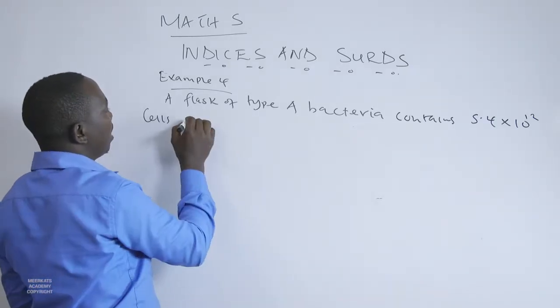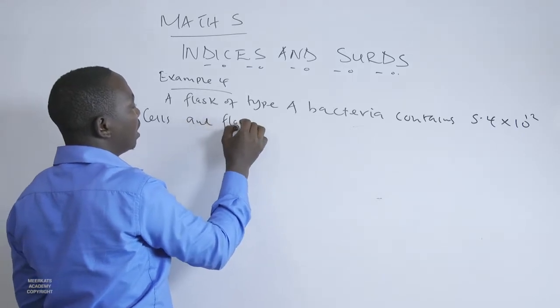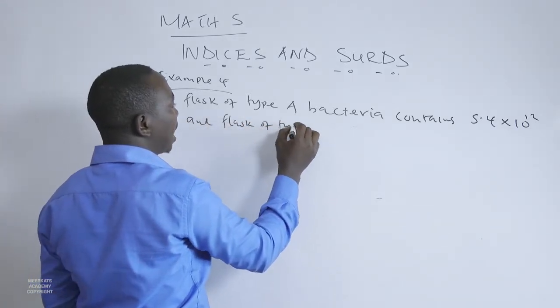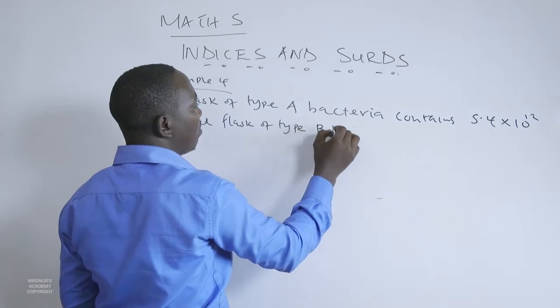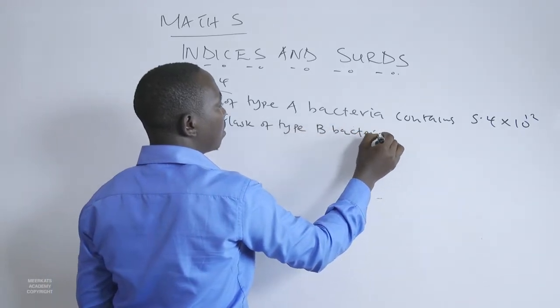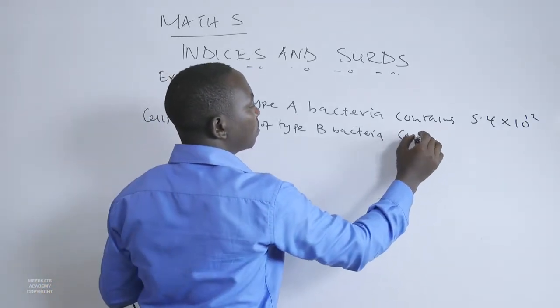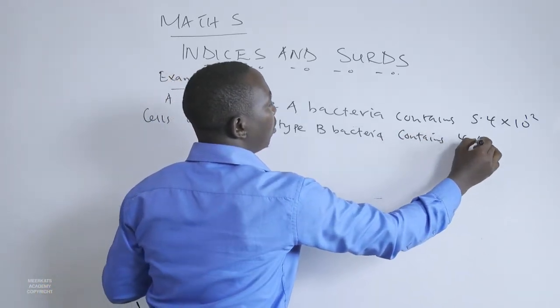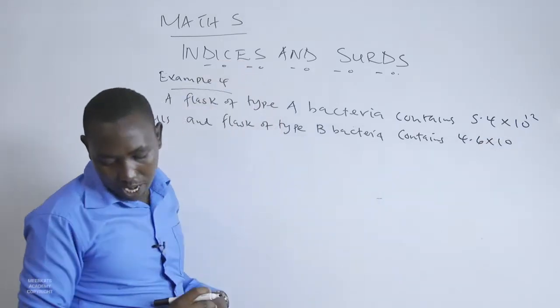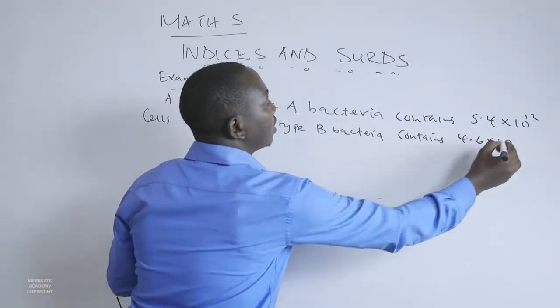And a flask of type B bacteria contains 4.6 multiplied by 10 raised to 8 cells.